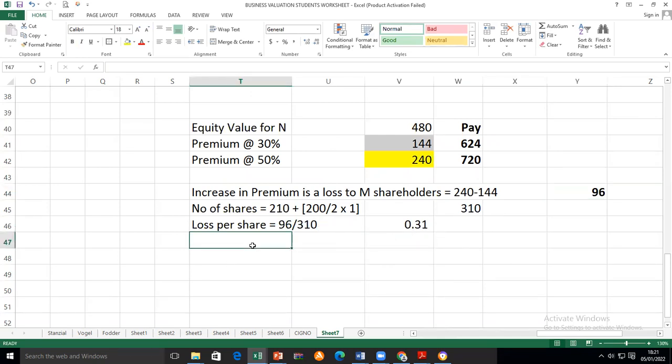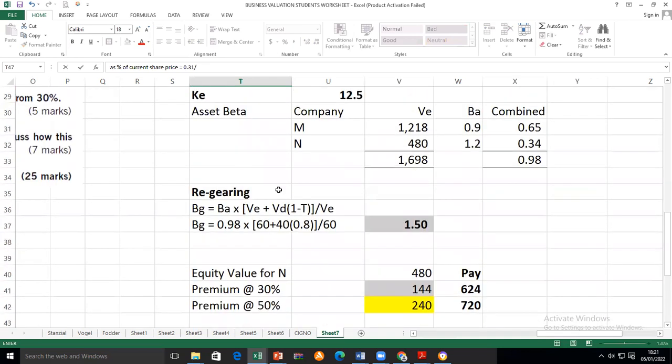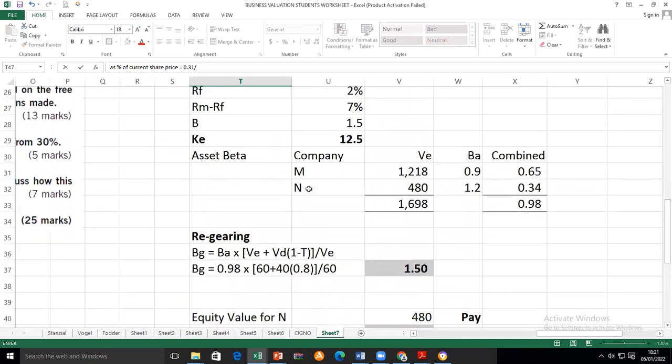As a percentage of current share price, 0.31 divided by, what's the current share price?